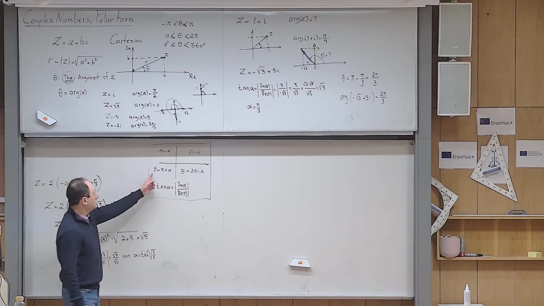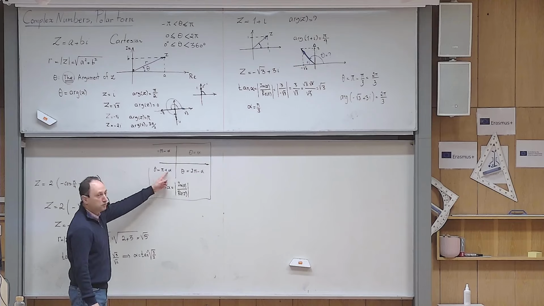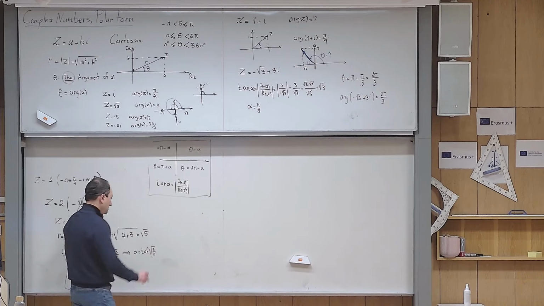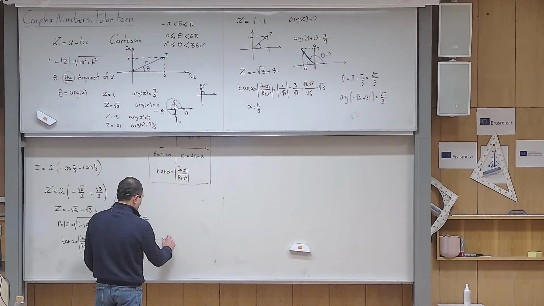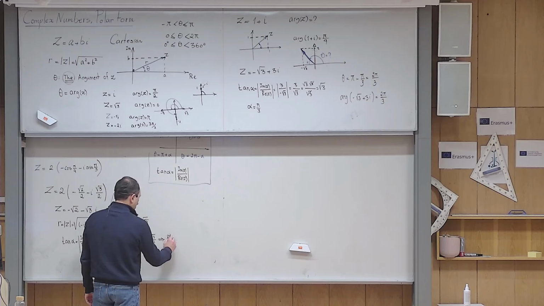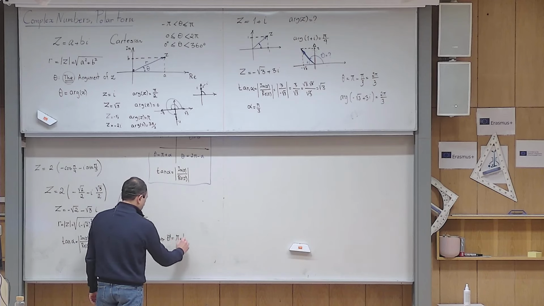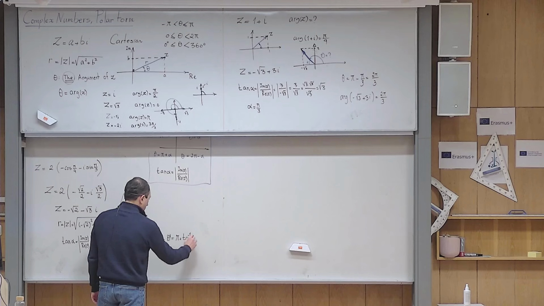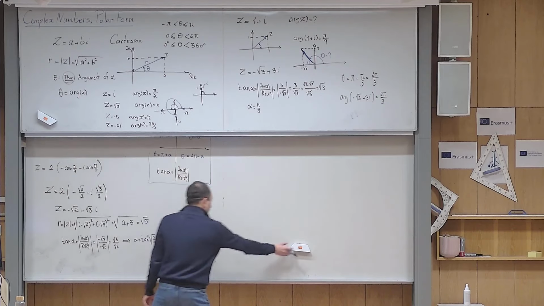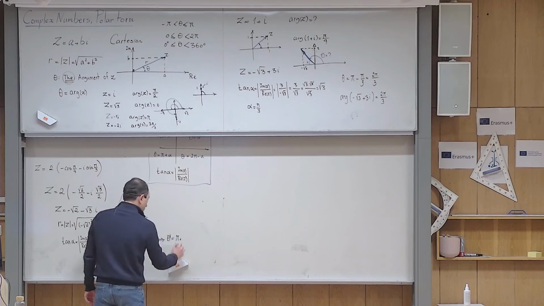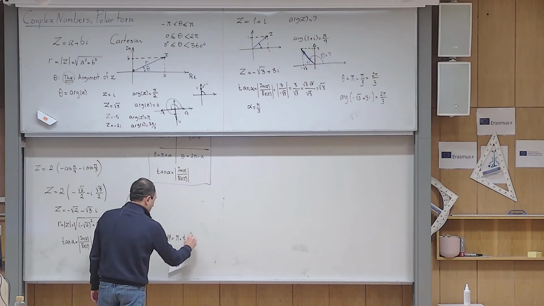In the third quadrant, theta that you're supposed to find is pi more than alpha. Okay? So this means that your theta is equal to pi plus this number, tangent inverse of the square root of 3 over 2.